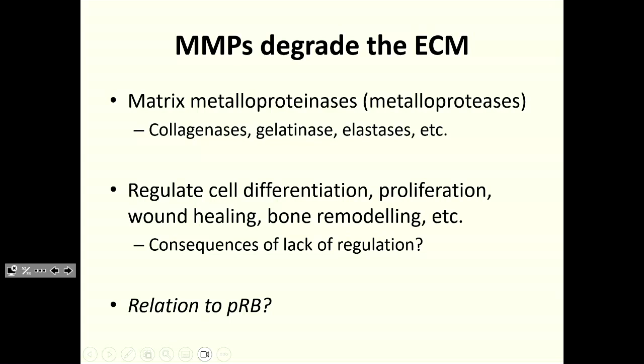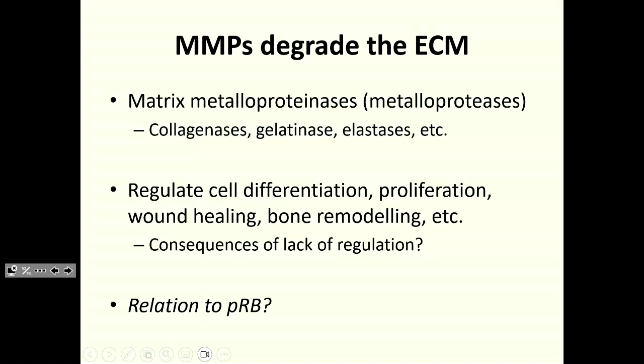So when PRB is working, do you think the MMPs are going to be working abnormally and chewing up ECM where they normally shouldn't? No. But when the PRB, which happens in some cancers, because Dr. Thang told you about that, right? When those proteins stop working as they should, the PRBs, what do you think will happen with the MMPs?